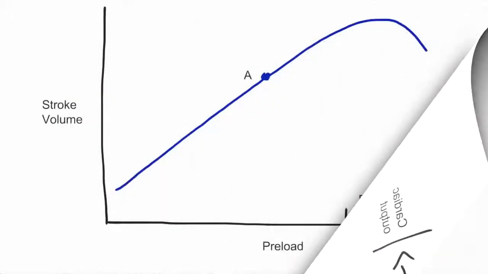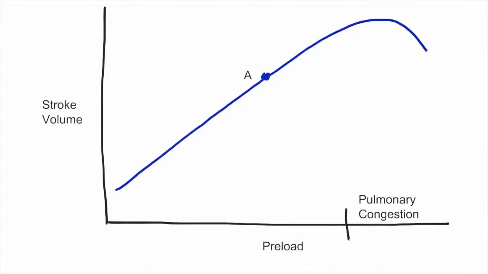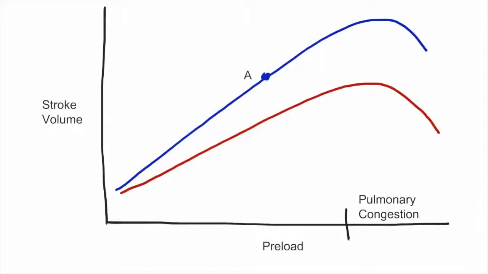We can look closer at this by looking at the Frank-Starling relationship, which shows us the relationship of stroke volume to preload. We start with the first blue curve, which is a normal heart, and someone at point A on that curve. And then if you look at the red curve, this is the heart after insult. So for every point of preload, you have a lower stroke volume.